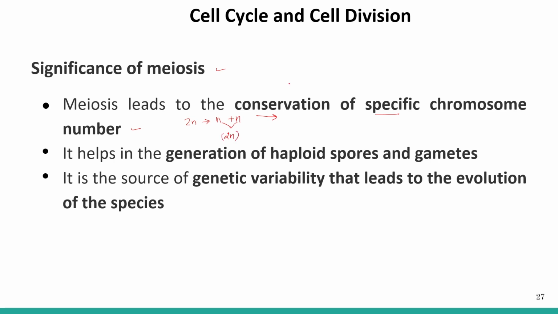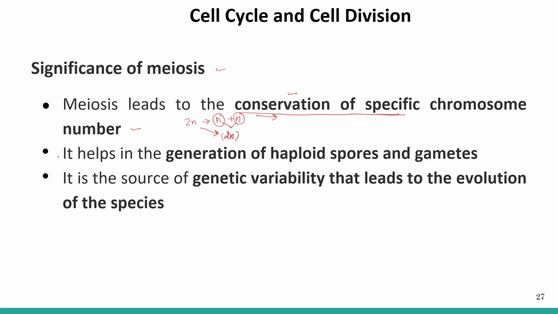That's why there is a conservation of the chromosome number. From 2n, again a 2n diploid organism is forming. How is it forming? By these 2 gametes combining with each other and forming a diploid organism, thus restoring the chromosome number.